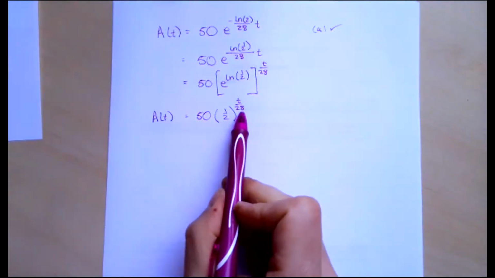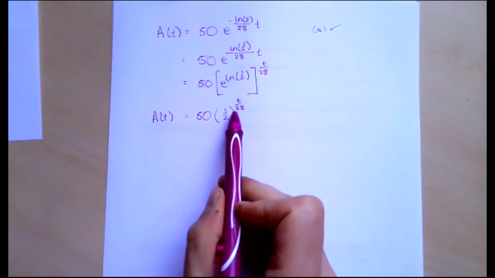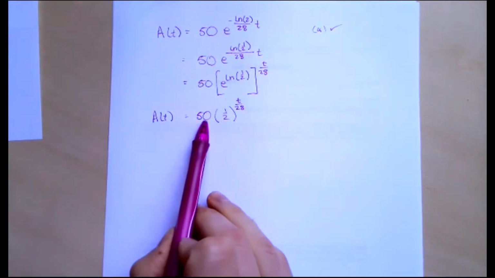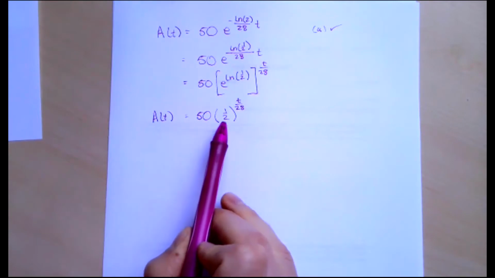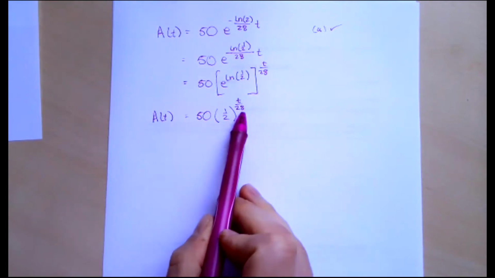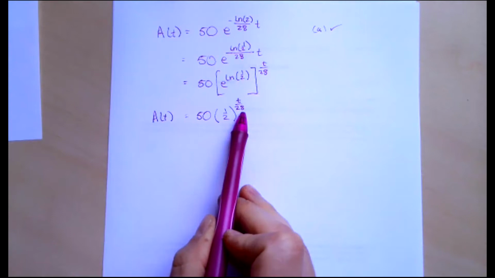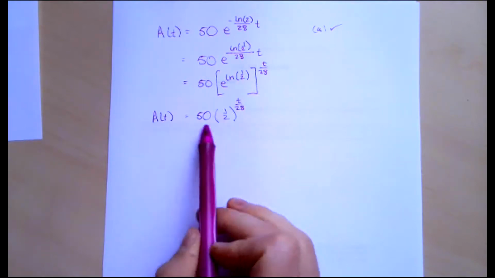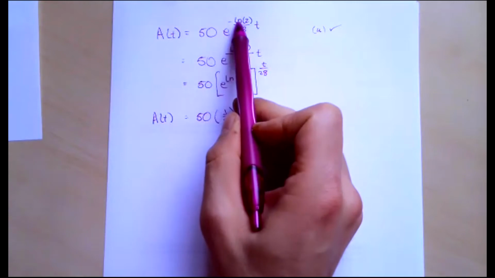It was this 28 days. So it's pretty clear where all the numbers and the concepts were coming from, right? I have 50 milligrams to start with. We're talking about half-life, and the half-life is 28 days. So it's a little bit nicer than having these exponentials and these natural logs of 2s or natural logs of 1/2 in there. And you can check.